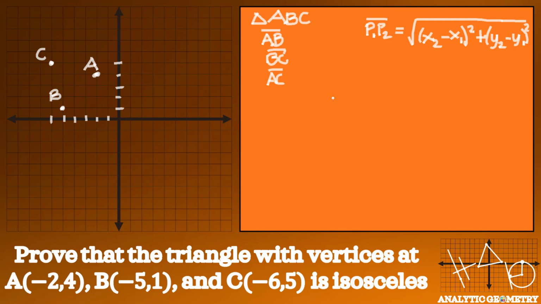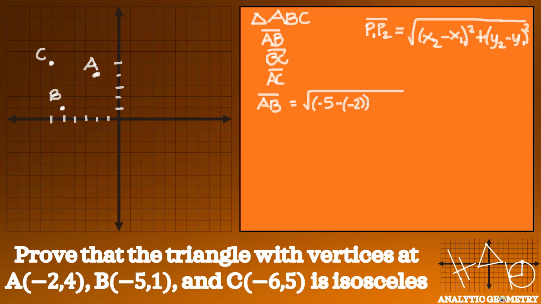Now let's try to solve first. This is the distance of points A and B, or the length of the line segment AB. Let's pick point B as our point 2 and point A as our point 1. So our x sub 2, that's the x of B, you have negative 5, minus the x of A, negative 2.